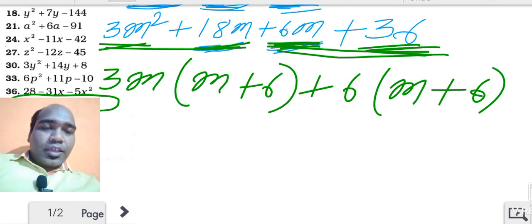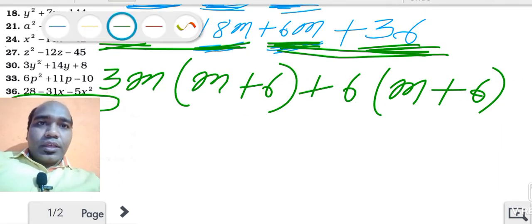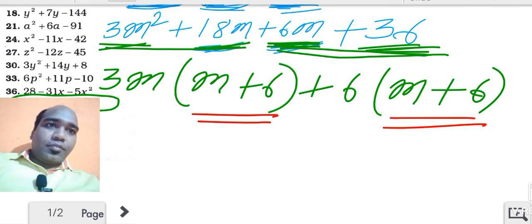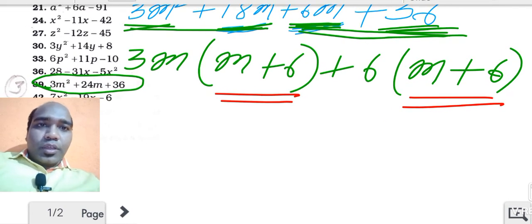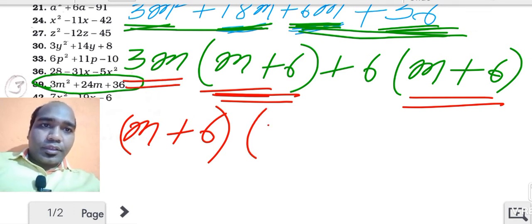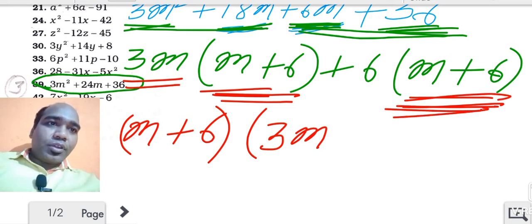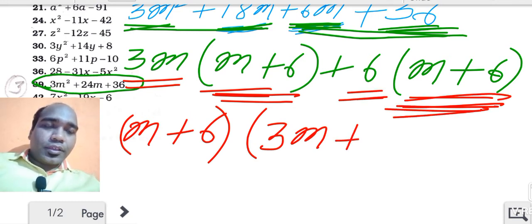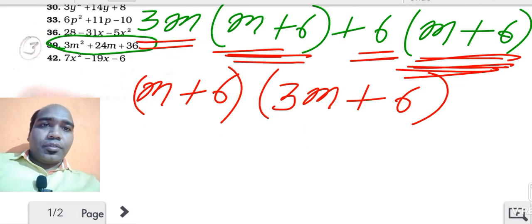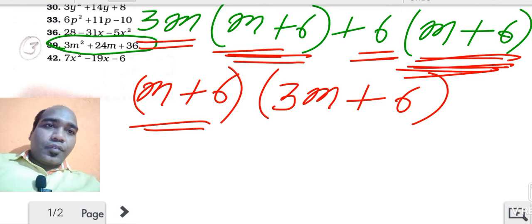Now you can see in both the terms m plus 6 and m plus 6 we are getting common. So m plus 6 we'll take common. Okay, now here m plus 6 is multiplied with what? 3m. So we'll take here 3m. And here m plus 6 is multiplied with what? With 6. So we'll take here 6. Okay, so this is your factorization.